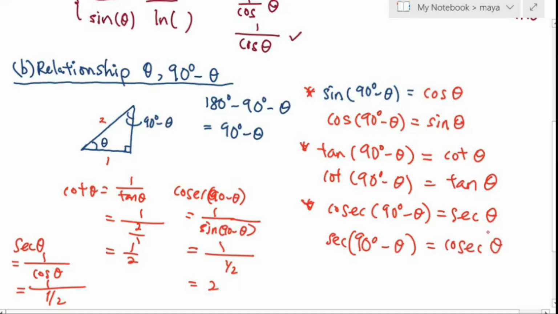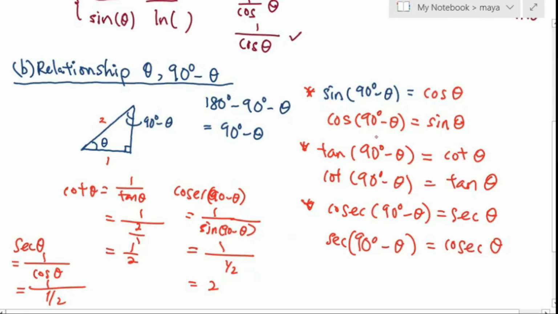This is the relationship between these opposite angles. Just remember sin and cos are opposite friends, tangent and cotangent are opposite friends, and secant and cosecant are opposite friends. The ratio they give is the same. So this is the relationship we have.